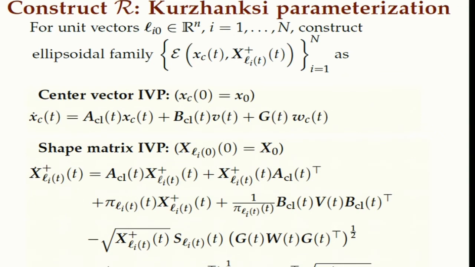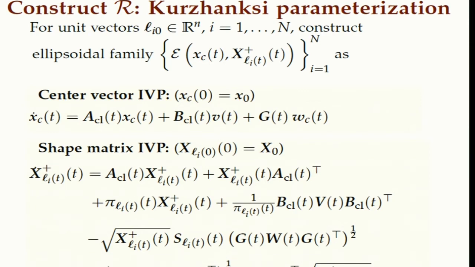Think of l_i as some random unit vectors in n-dimensional space. He said take some random unit vectors, and based on those random unit vectors, you compute some ellipsoids. Those ellipsoids are defined through some complicated looking equations, and they define a set of ellipsoids. For a moment, let's ignore the details of these equations and first understand what this gives us.